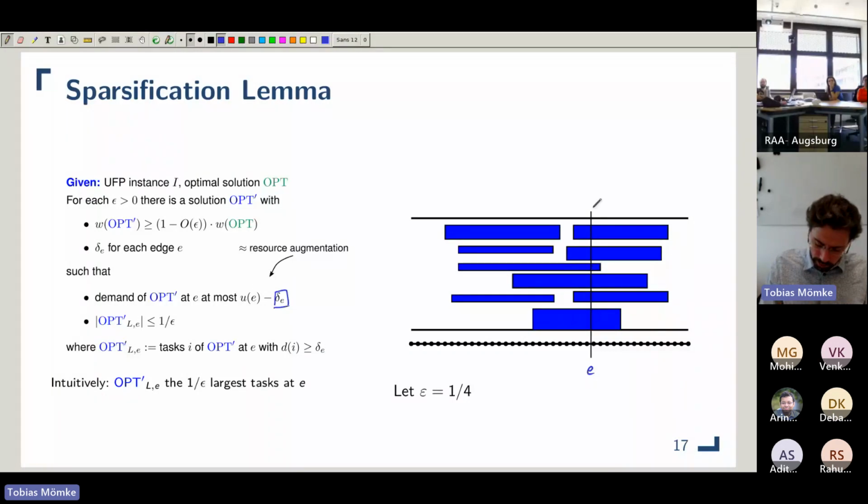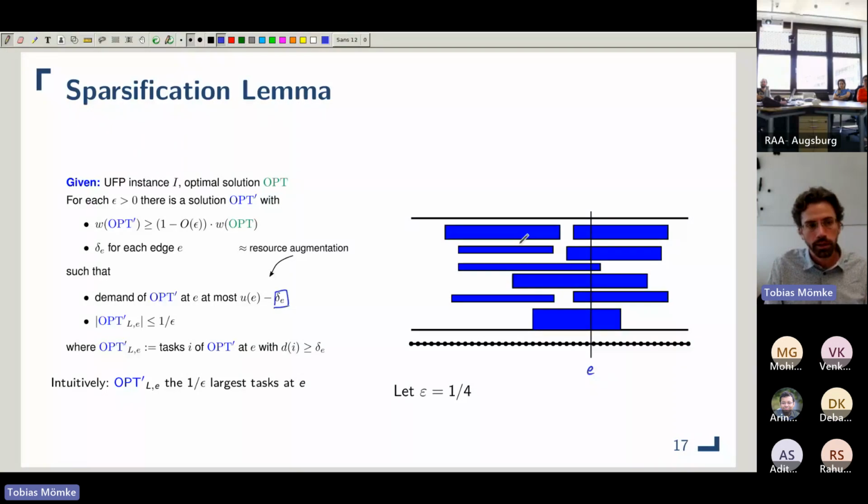So we want to remove tasks to make space. If we only look at the edge E, we could say, okay, we can just randomly choose some of the tasks, say, maybe it's enough to remove that task here, and then we have enough space on this edge E. But maybe it's not a good choice, because maybe for this edge E prime, it would have been much better to remove this task, even though it's more expensive, because then we have created some slack for two edges at the same time. So this is the difficulty that we have to deal with.